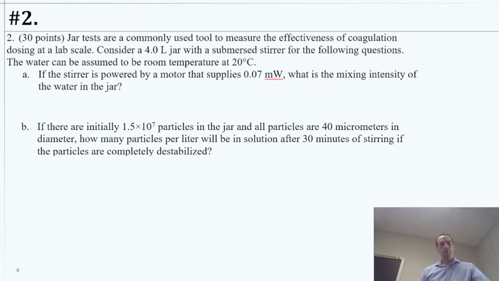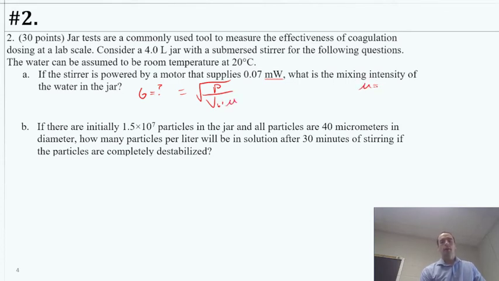We have a stir powered by a motor that's giving 0.07 milliwatts to the jar. And so the question is, what is the mixing intensity? This is coming from the equation where we have the square root of the power in watts divided by the volume of whatever basin or reactor we're using times the dynamic viscosity of water.